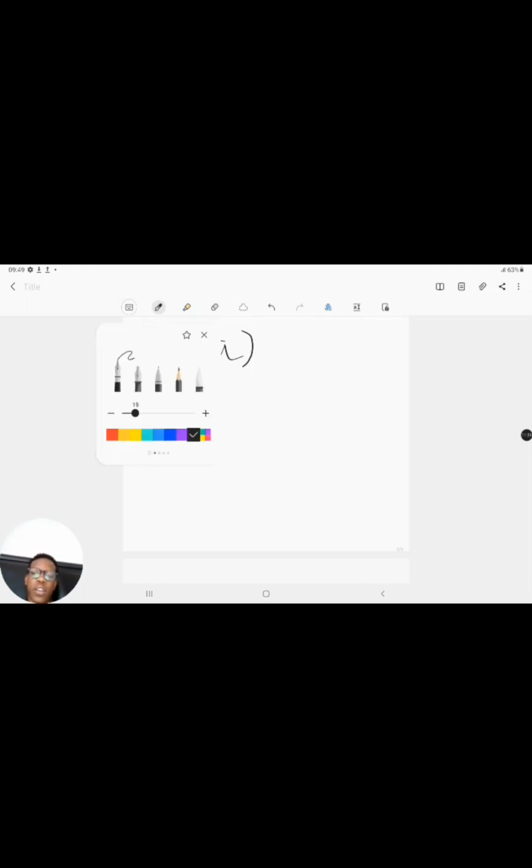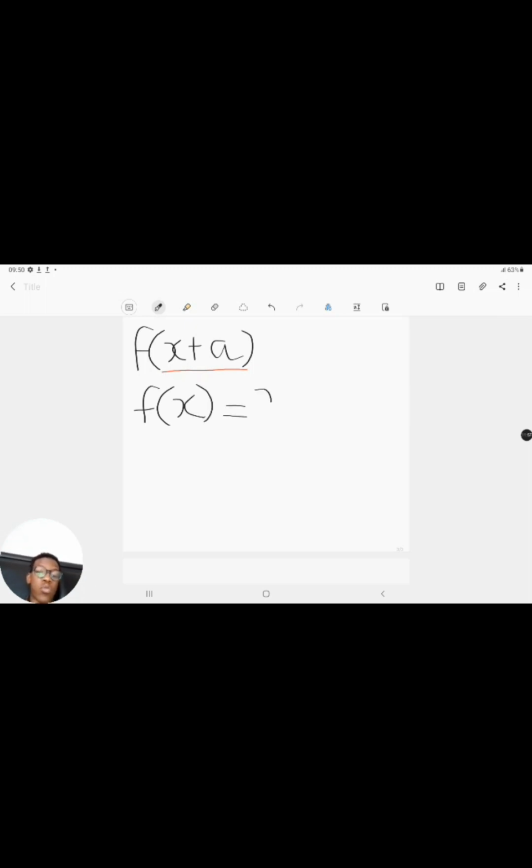Remember earlier on in this video, I said what is inside the bracket is what the expression is made up of. So in this case, the expression is made up of not just x, but x plus a. So remember what f of x is. This is the f of x that I'm using as an example.